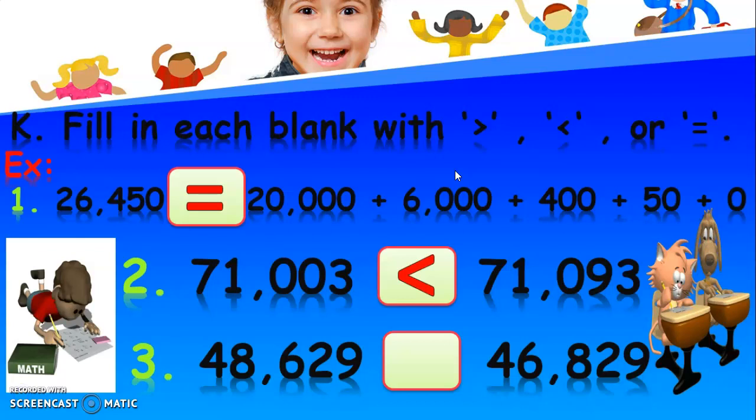Again, let's go back to this page. The correct answer for number 3, comparing 48,629 and 46,829. The correct answer is greater than. So 48,629 is greater than 46,829. So this is where we end our lesson.